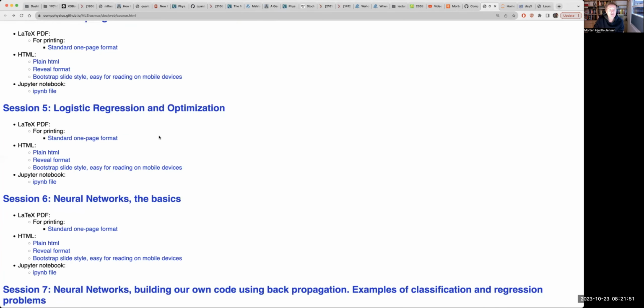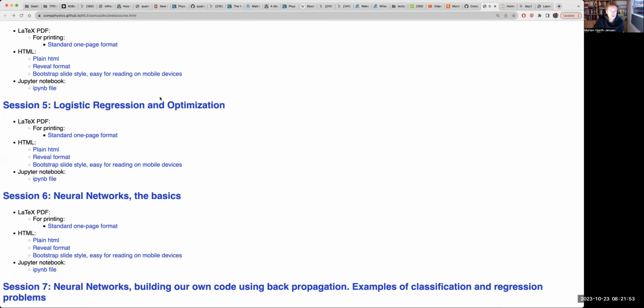Then we will use the optimization part as a motivation and as an introduction to neural networks. We will also need to use optimizations and numerical derivatives in order to find the optimal parameters for logistic regression, which is a classification problem.